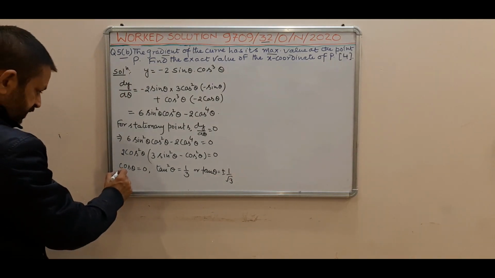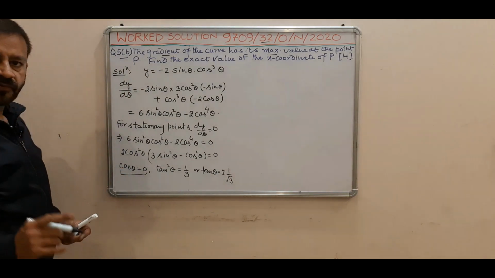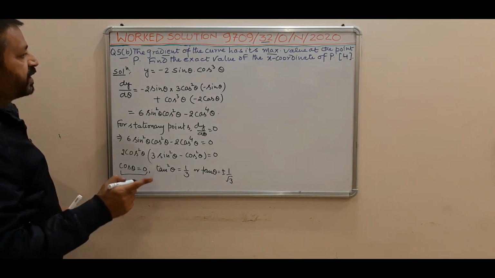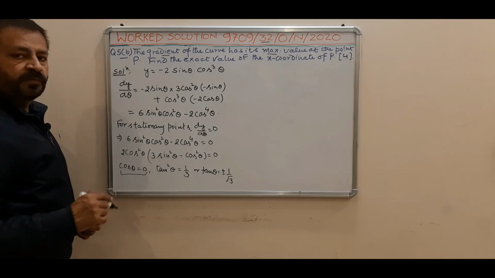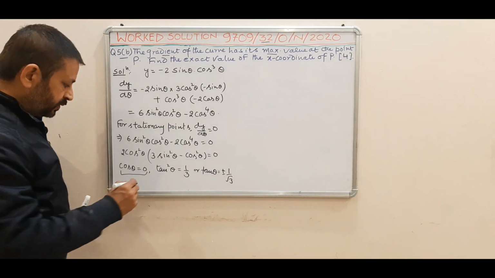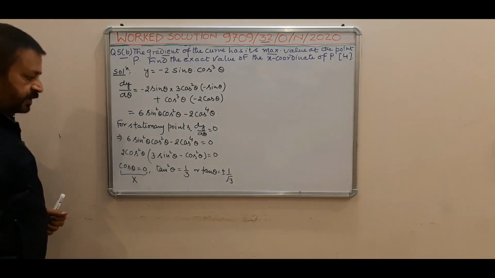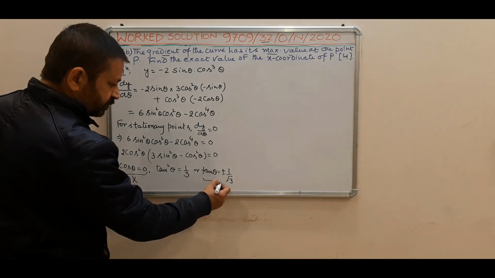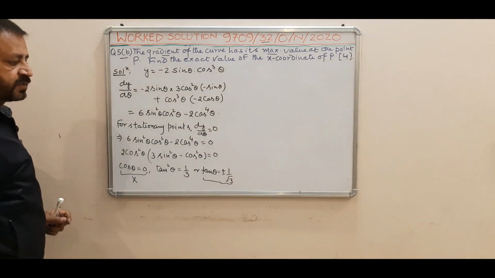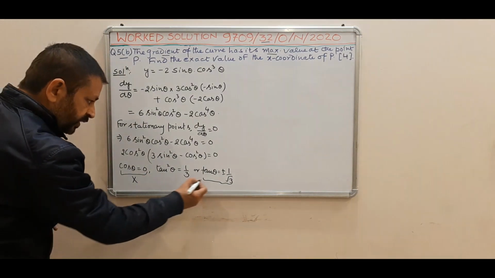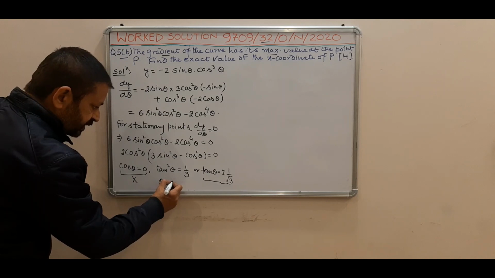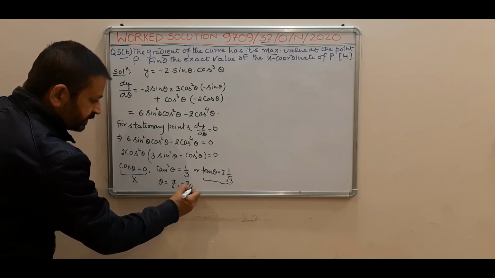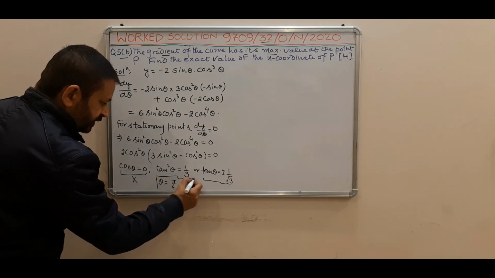Cos theta equals 0 will give theta equals pi by 2, but the range in the first part is given as theta between minus pi by 2 and pi by 2, so it is not equal to pi by 2, that's why we leave this part. Just concentrate on tan theta equals plus minus 1 upon root 3. It will give two answers, theta equals either pi by 6 or minus pi by 6. So we have these two stationary points.